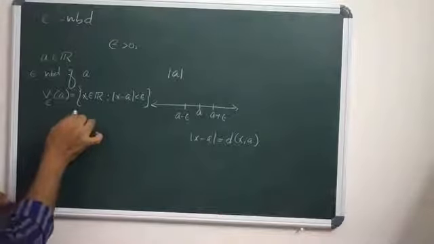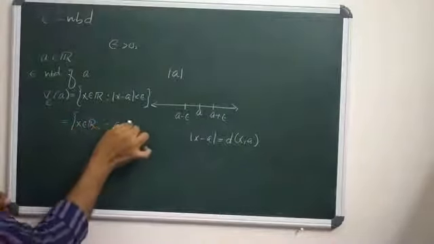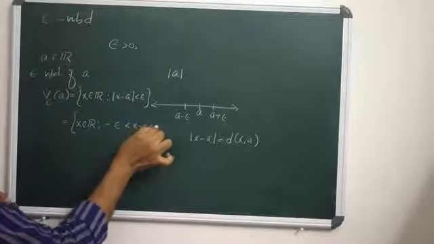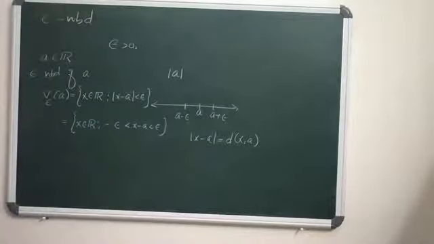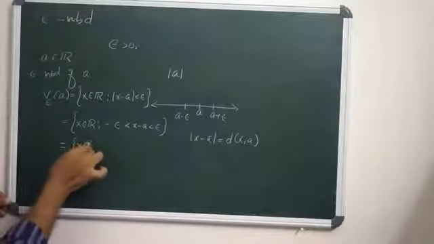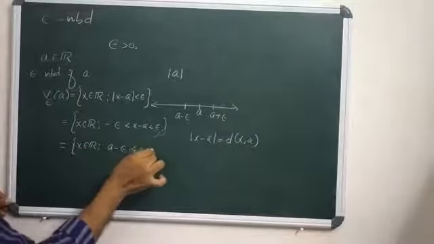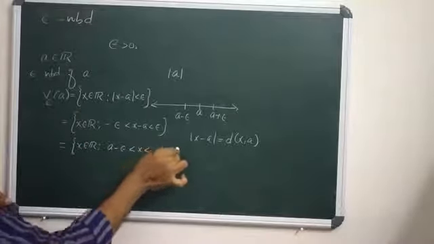That means it is the set of all x in R such that minus epsilon is less than x minus A, which is less than epsilon. Equals the set of all x in R such that A minus epsilon is less than x, which is less than A plus epsilon.